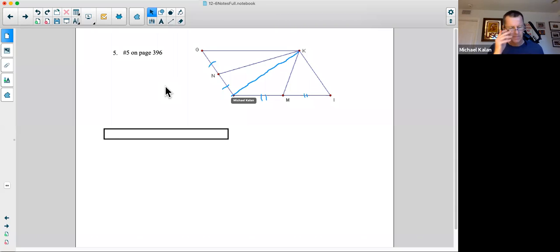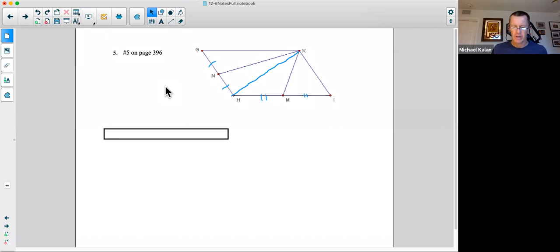All right. So here's how you do it. Isn't it true, and it might be easier to see this from looking at triangle KHI and KMI. Wouldn't you agree with me that the area of triangle KMI is half of the area of triangle KHI? And why do you think that is?